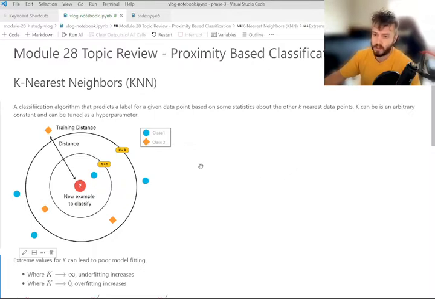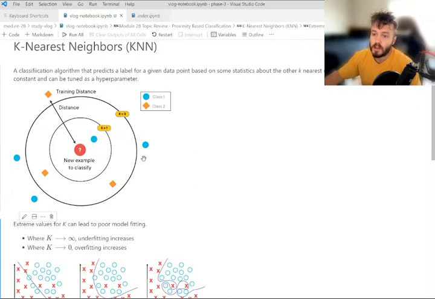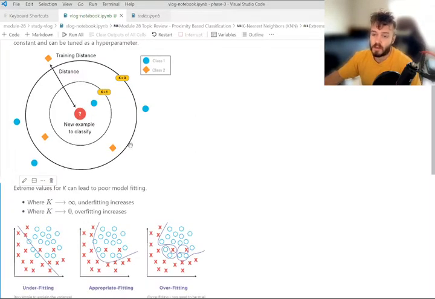On the simplest level, that's how it works, and how you measure the distance and what you assign for the value k, and all that sort of stuff can be adjusted and explored in the form of hyperparameters. Very similar to how I did some of the hyperparameter tuning, showed some of the for loops and stuff in the last video. So that's broadly speaking what K nearest neighbors is.